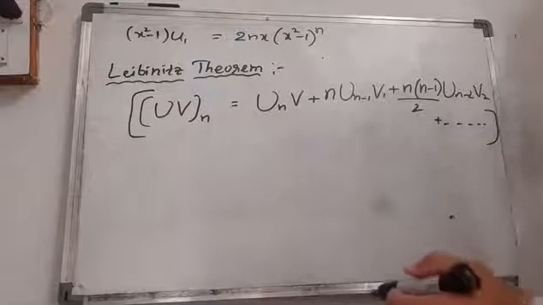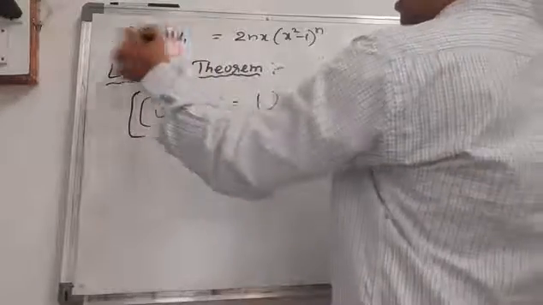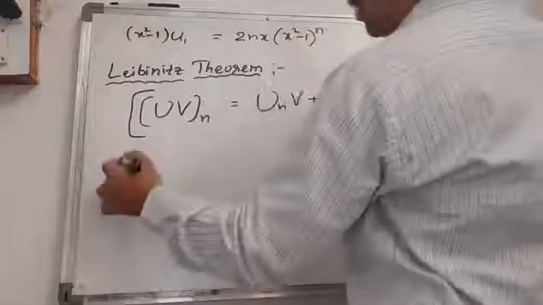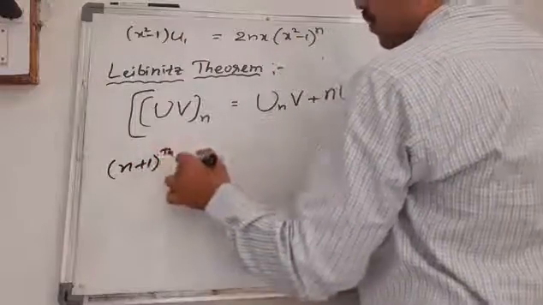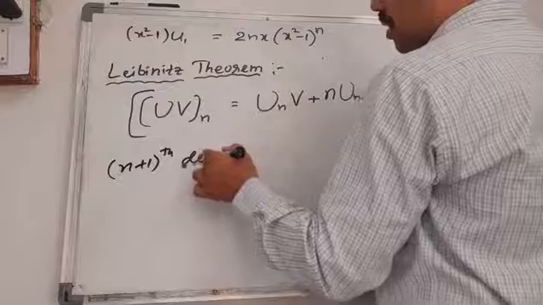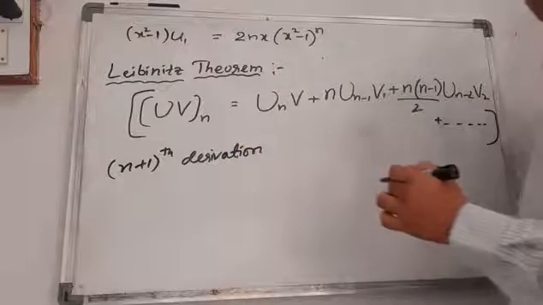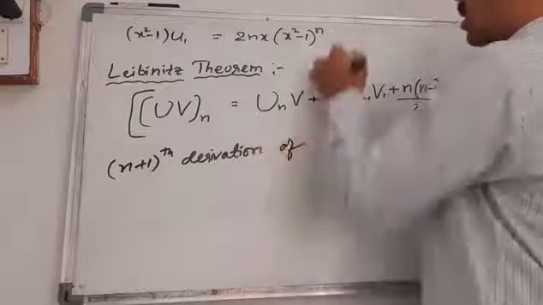Okay, so in this case we have to apply this Leibniz theorem in this equation. On this equation we are going to do n plus 1th derivation of equation 2.